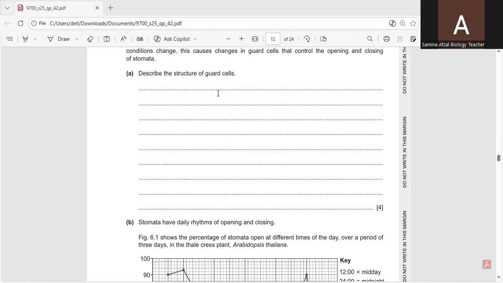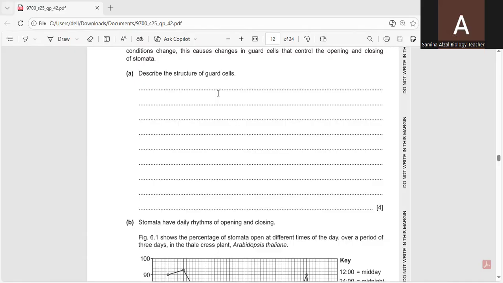They possess a large central vacuole, which plays a crucial role in regulating turgor pressure through the movement of water and ions. A proper nucleus is there, just like in any other eukaryotic cells. Mitochondria are present because they have to perform the process of photosynthesis.